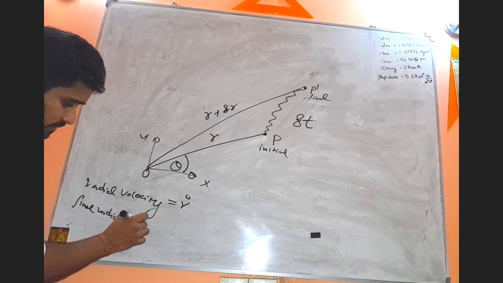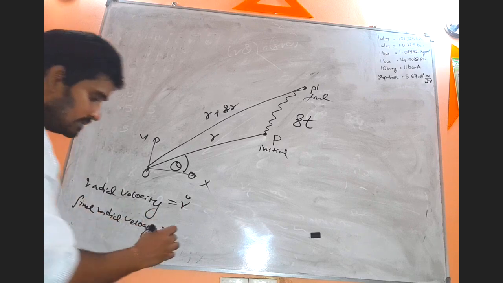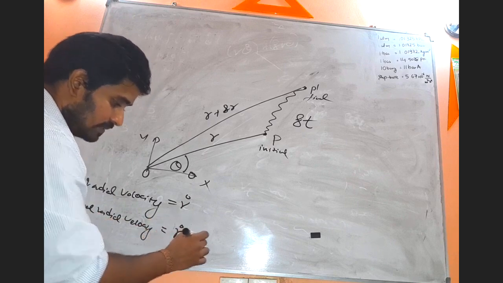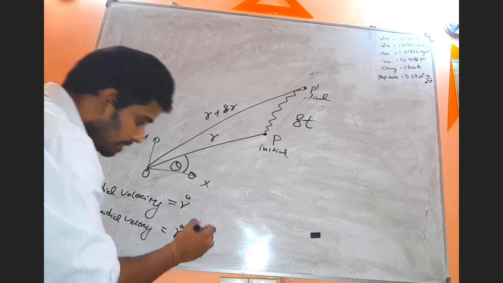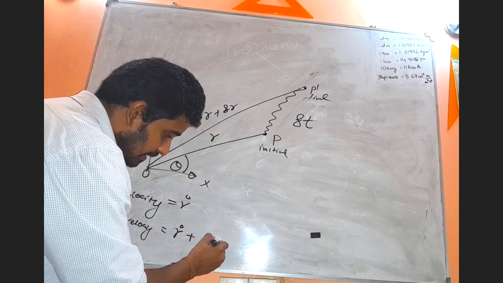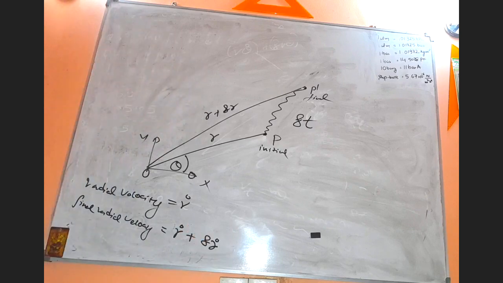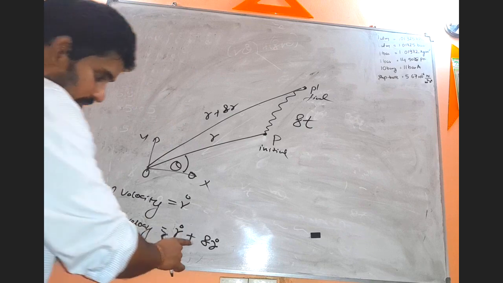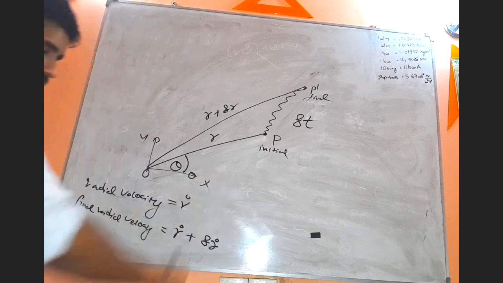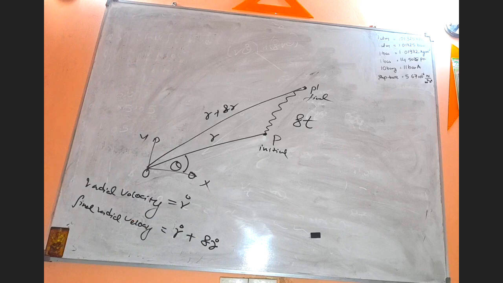Let's call it r dot plus delta r dot. So that is the final radial velocity, r dot plus delta r dot.